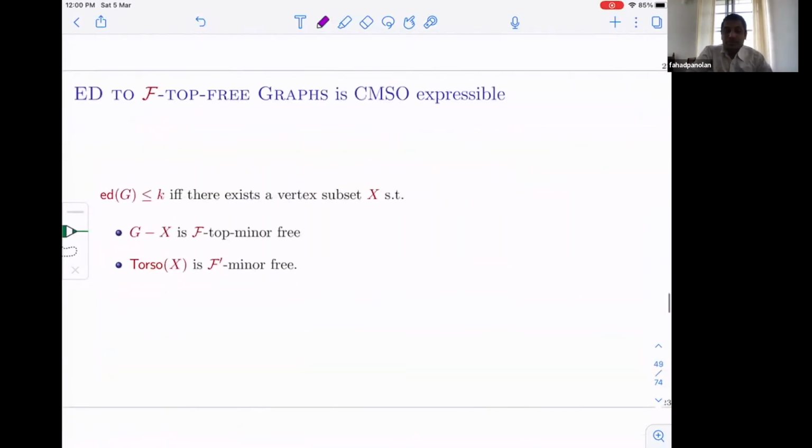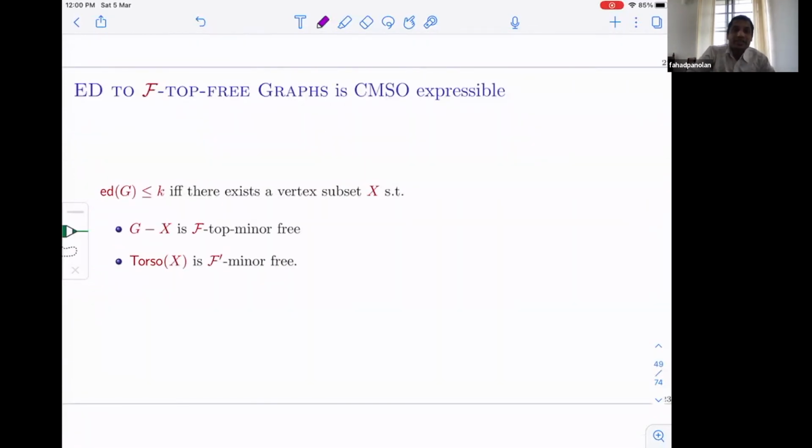Now, elimination distance to F topological minor free graphs, we can prove that it is CMSO expressible. For that, we came up with a characterization when it was F-free. A similar kind of characterization we can come up with for this problem.